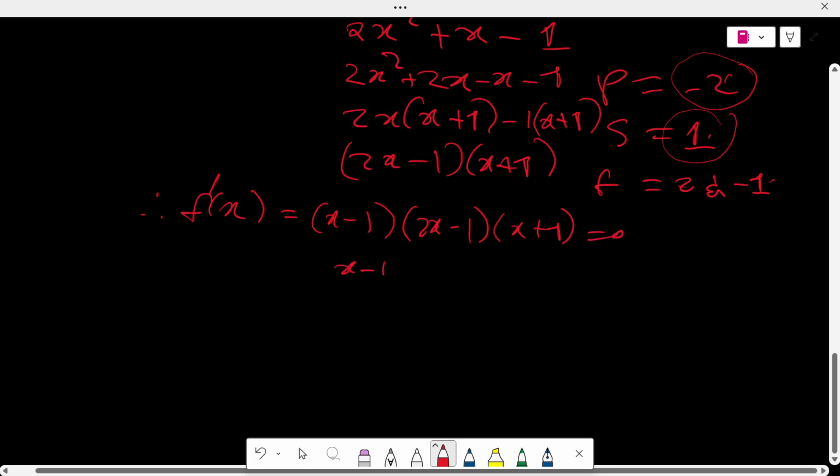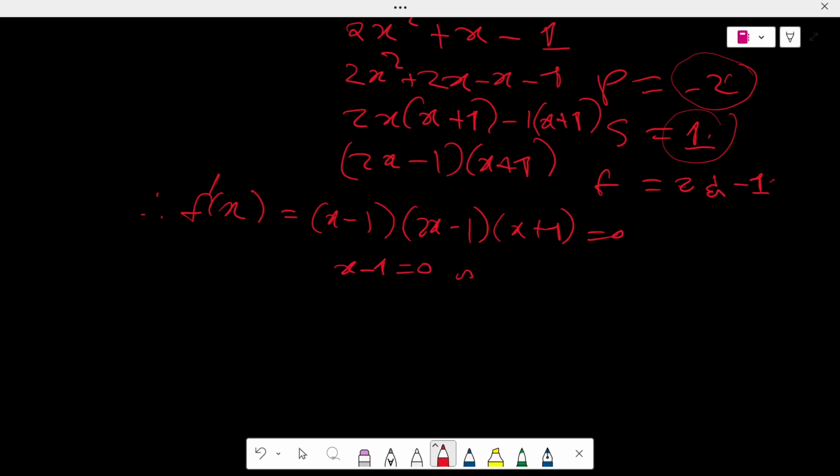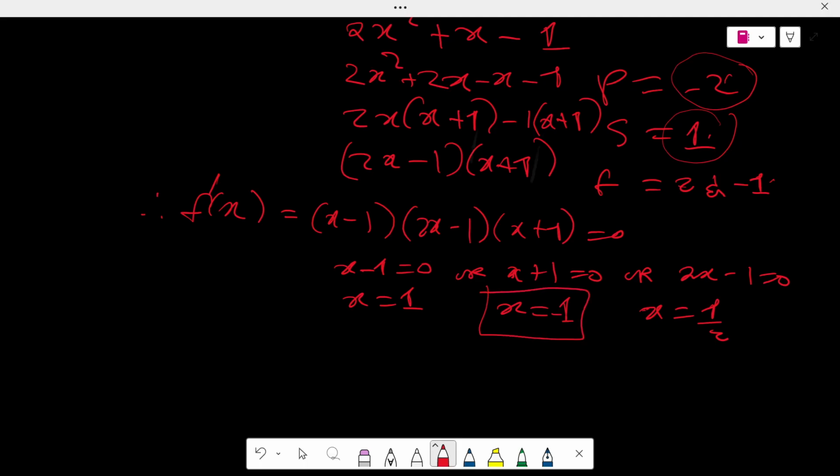So if it's going to be 0, then this is 0, or x plus 1 is 0, or 2x minus 1 is also 0. So meaning x is equal to 0, x is equal to 1, x is equal to negative 1, or x is equal to 1 over 2. Alright, so this one is not part of this.